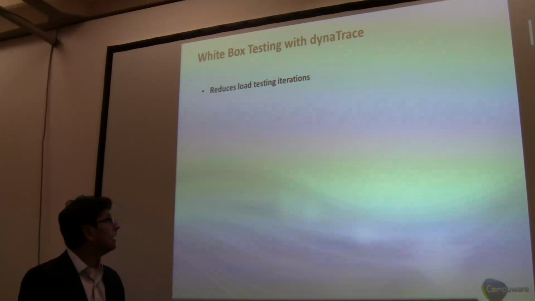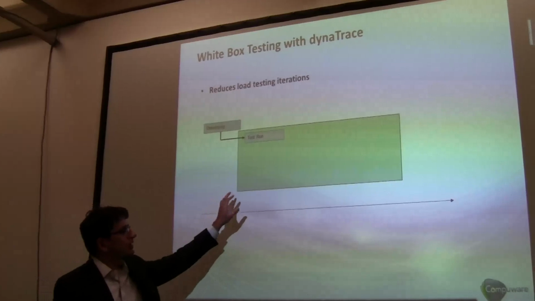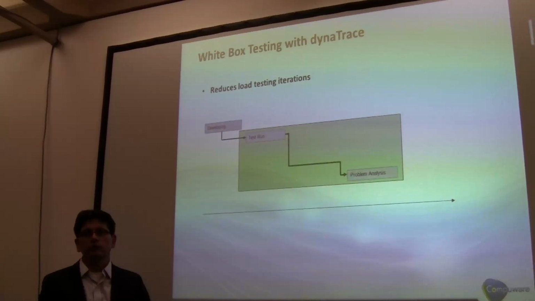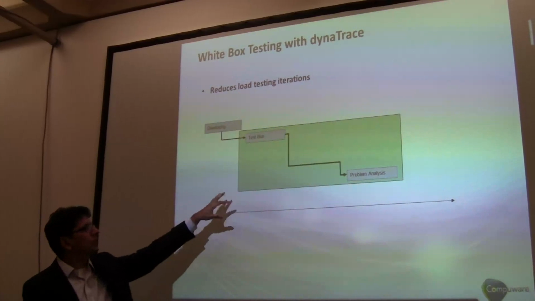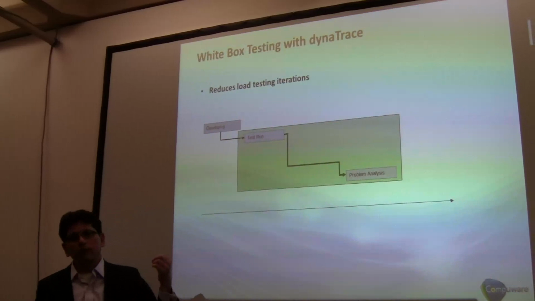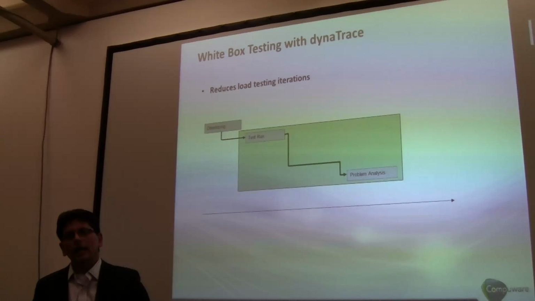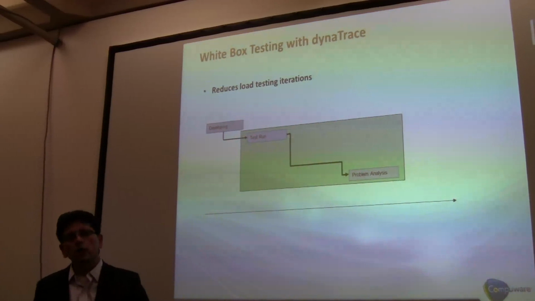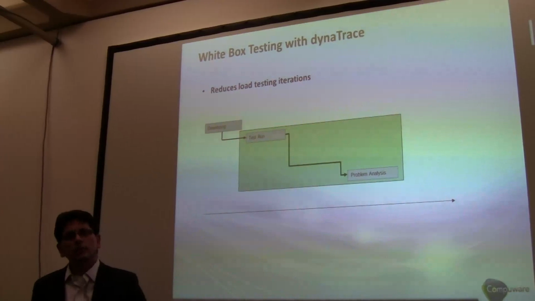So basically, with the data we are capturing, we are skipping over all these iterations. The reason is that when you do a load test and add load into your application, all the transactions are captured, and all the contextual information is available to you.